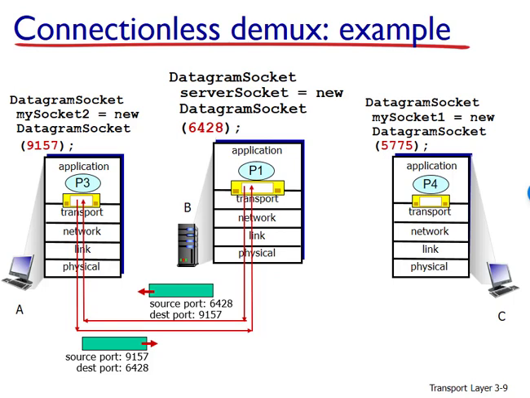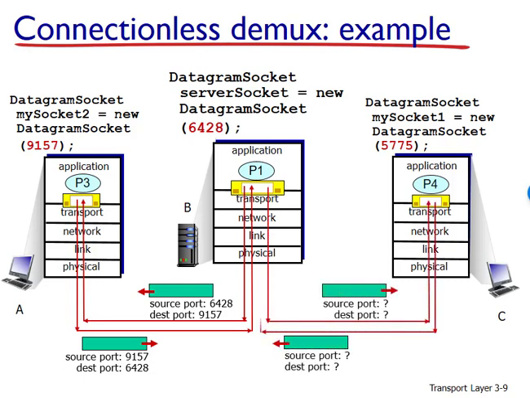P1 responds from 6428 to 9157. Understand that there could be multiple applications at both of these hosts. P1 sends a message out its port 6428 to P4's 5775, and then P4 responds.